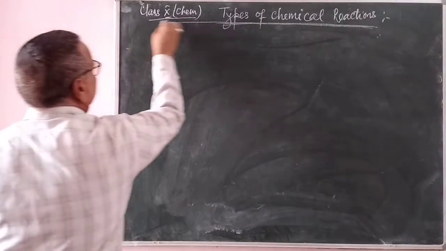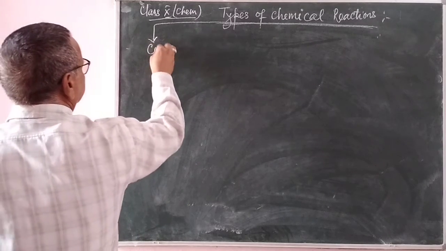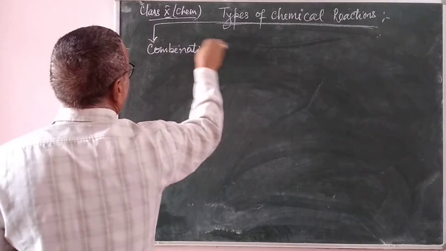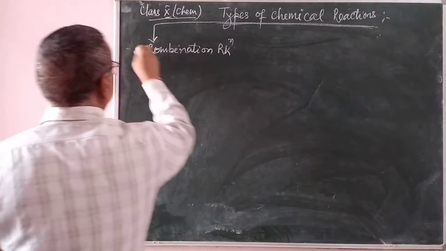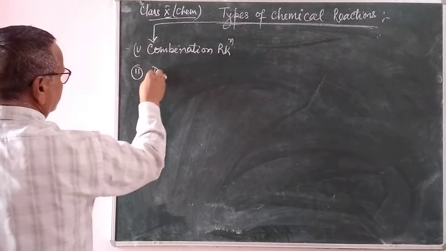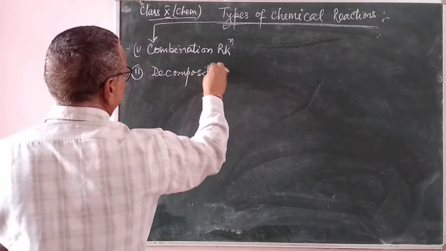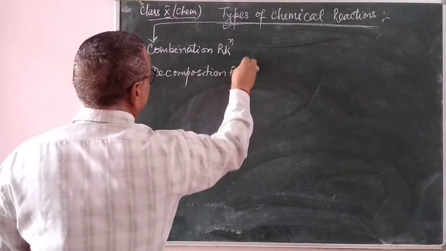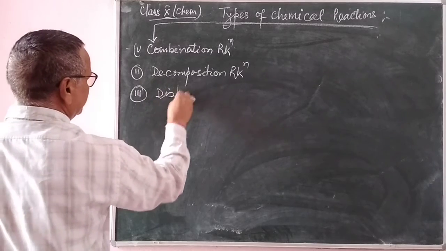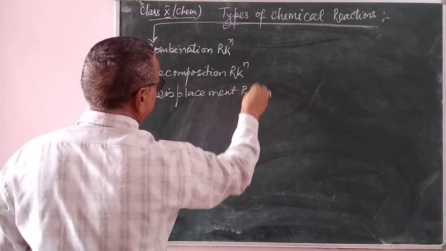Now types of chemical reactions. First see here, I am giving you the list. First one is combination reaction. Second is decomposition reaction. Third is displacement reaction.